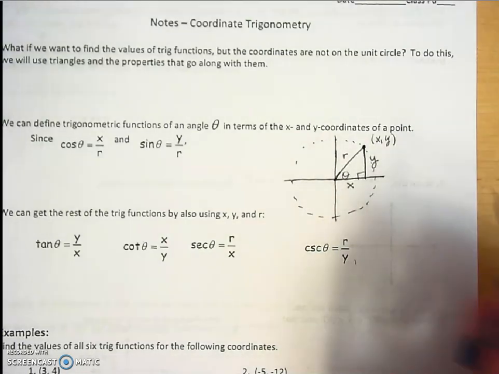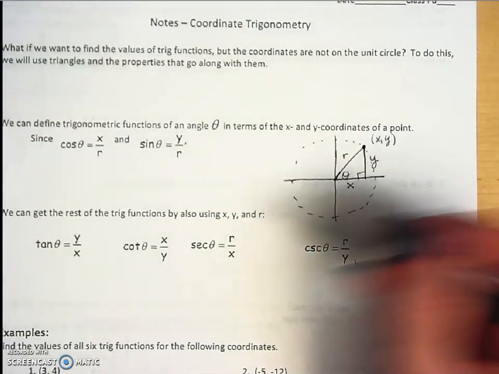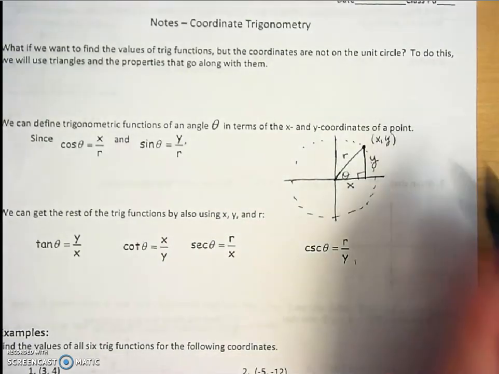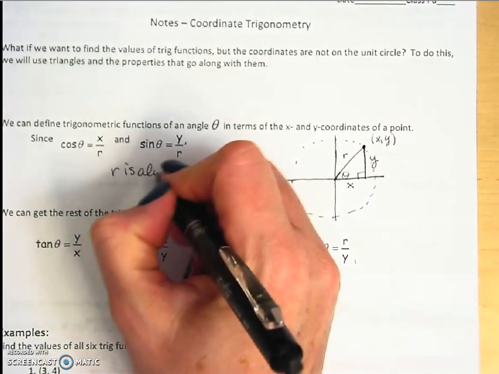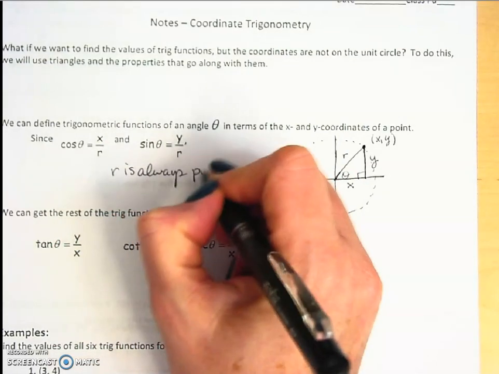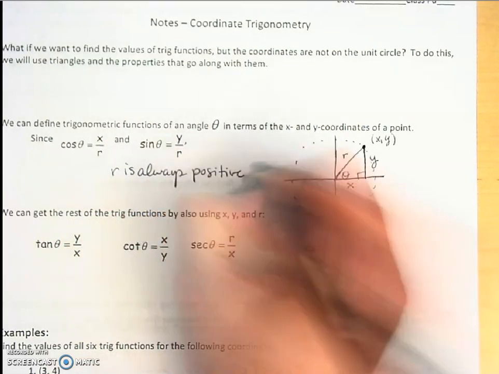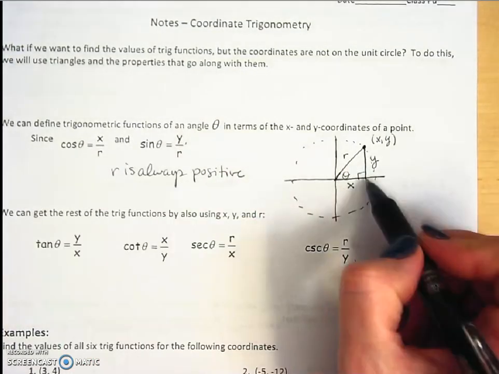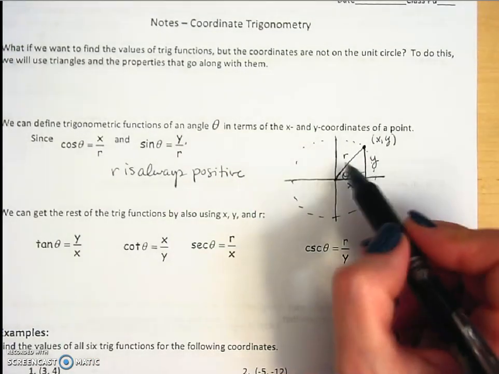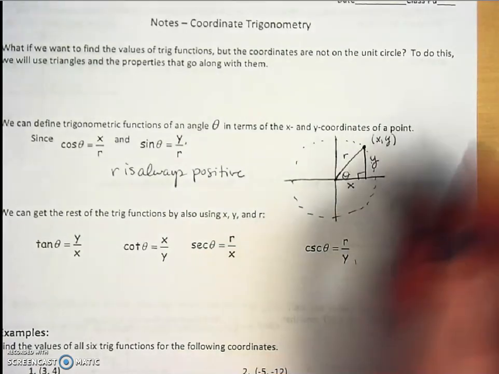And one thing that I want you to write down here is every time we talk about R or radius in these problems, it's going to always be positive. But when we talk about X and Y, that can be positive or negative depending on which quadrant they're located in.